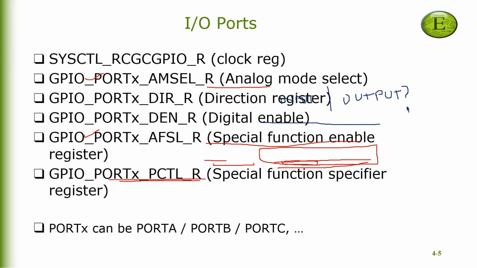Then comes the special function specify register. This seems to be linked with the one that we have just discussed, the enable. In case you enable some of the bits of this alternate or special function register, then you'd have to specify, because there can be multiple special functions.